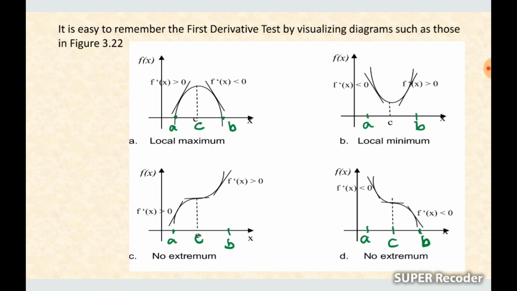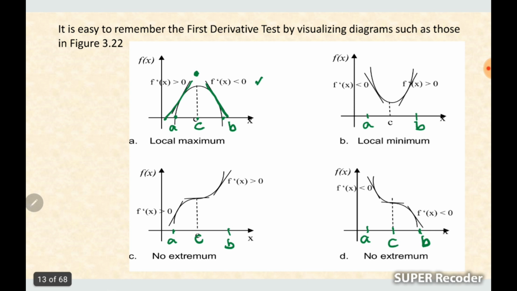Let's say C is a point here between A and B. If you find that the derivative at any point from A to C is positive, and from C to B the derivative is negative, we can conclude that there is one point here that is the local maximum.